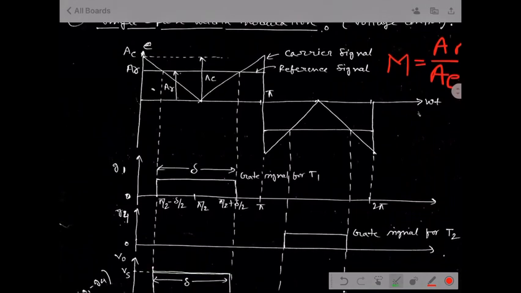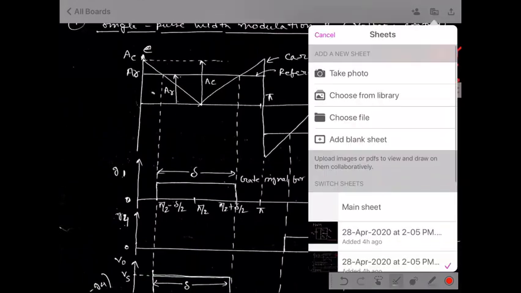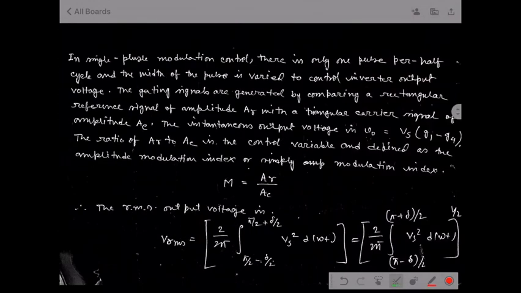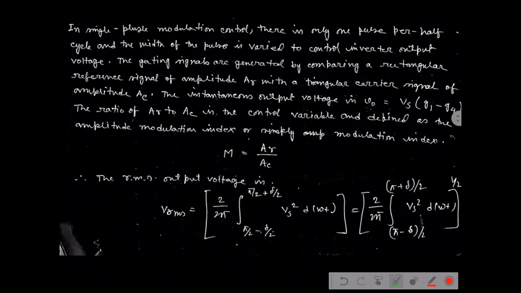Okay, so this is all about the pulse width modulation part. Now we can say in single pulse width modulation there is only one pulse per half cycle and the width of the pulse is varied to control the inverter output voltage. The gating signals are generated by comparing a rectangular reference signal of amplitude AR with a triangular carrier signal of amplitude AC.